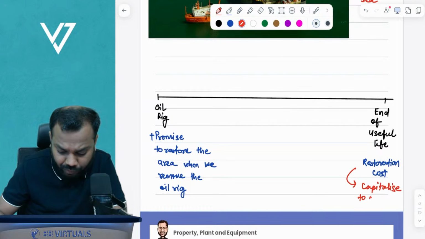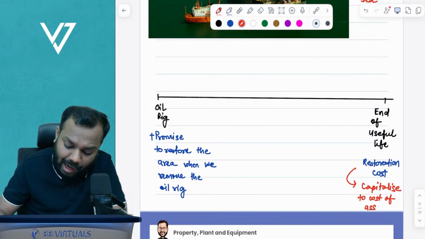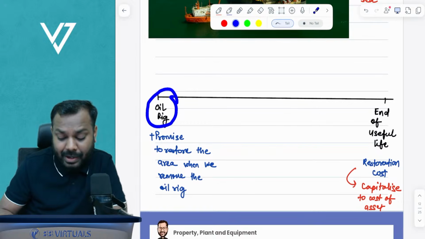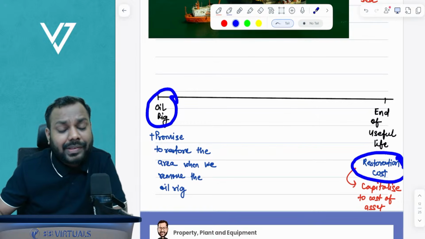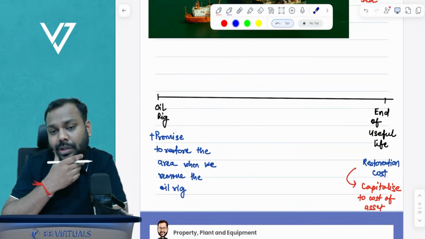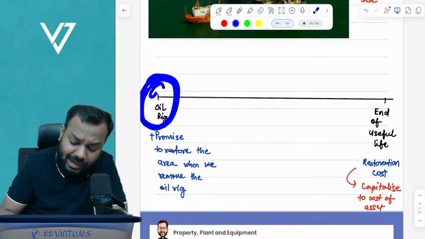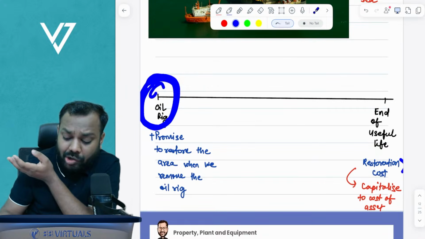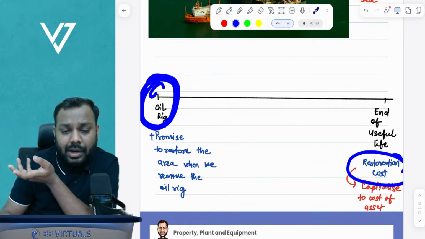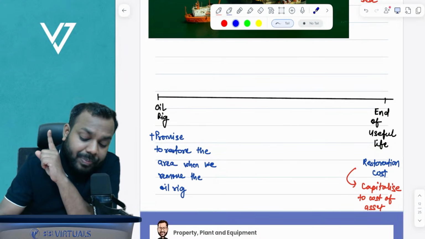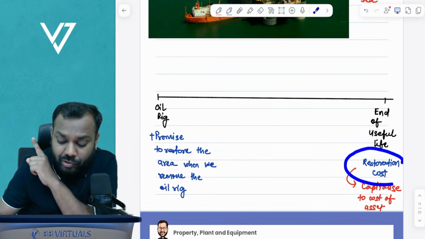We capitalize to the cost of the asset. But now comes the question, how will we capitalize? Because we are capitalizing here but incurring the cost later. How exactly will we capitalize? The standard says that first of all, estimate these costs.